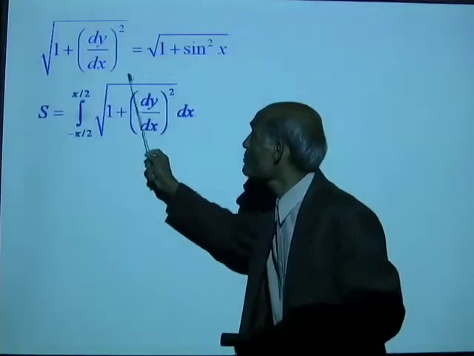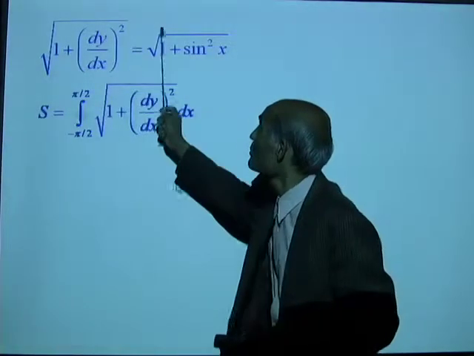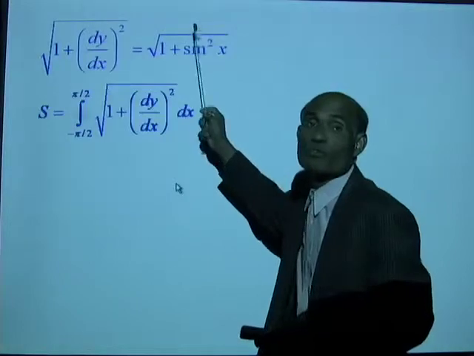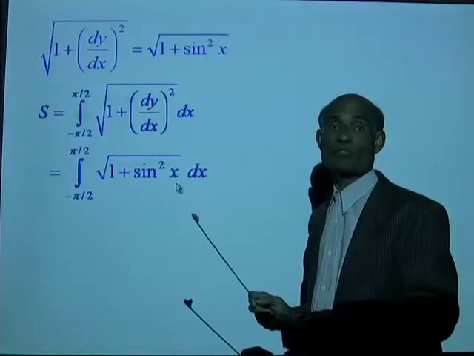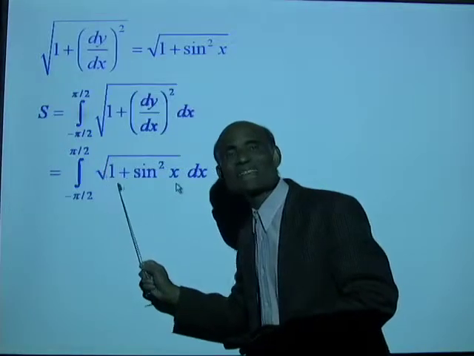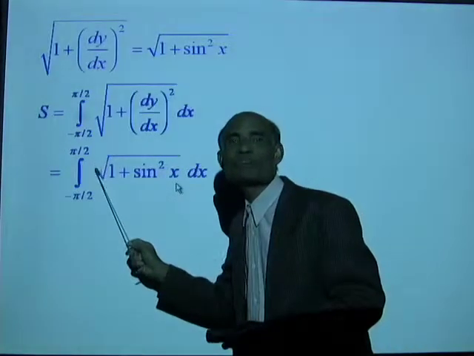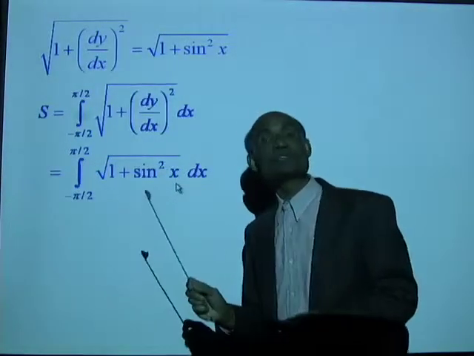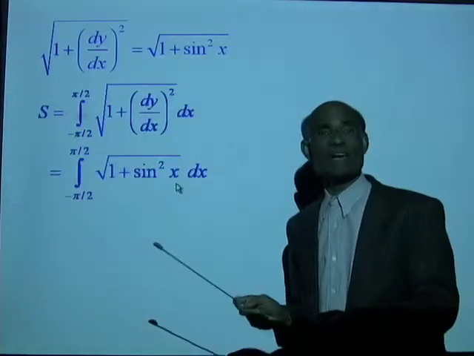And we know what this quantity is. It is square root of 1 plus sine squared x. And actually, you haven't developed any skill to find this integral. And so what we're going to do is do that on the calculator.